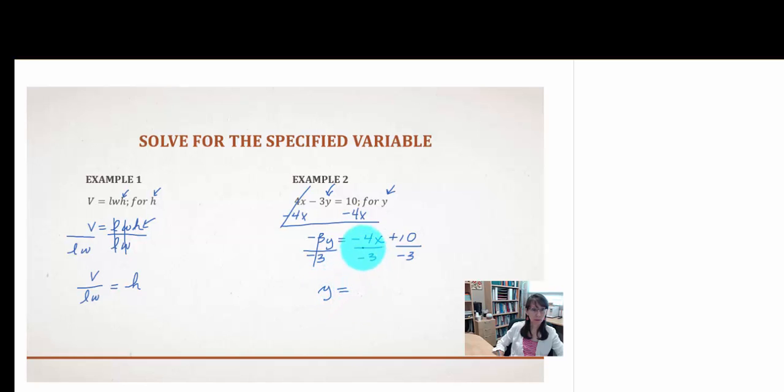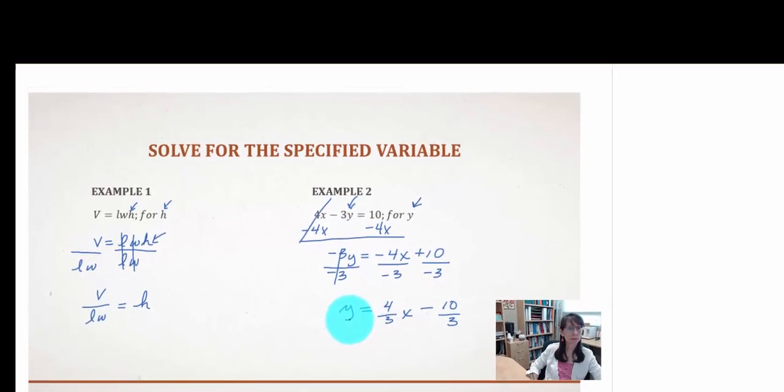Y equals negative divided by negative will simplify as positive 4/3 x. Positive 10 divided by negative 3 would be a negative 10/3. And this is our answer. We have rearranged the given equation to solve it for the other variable.